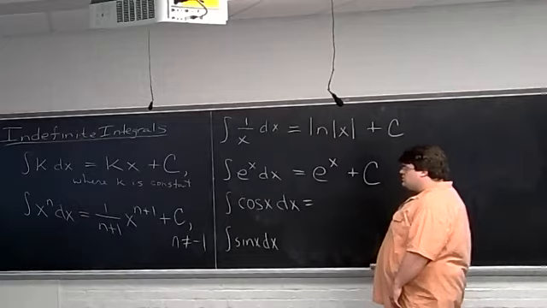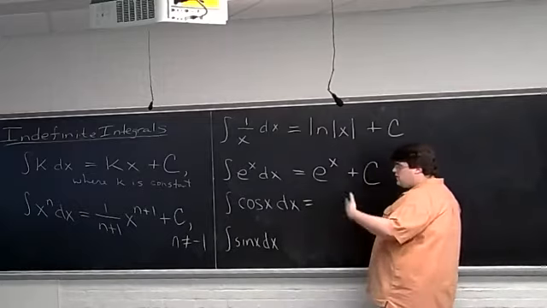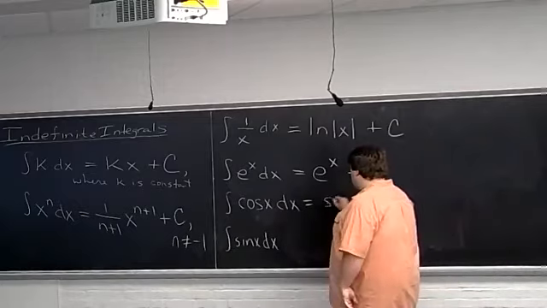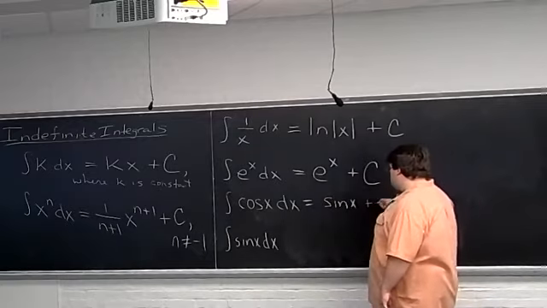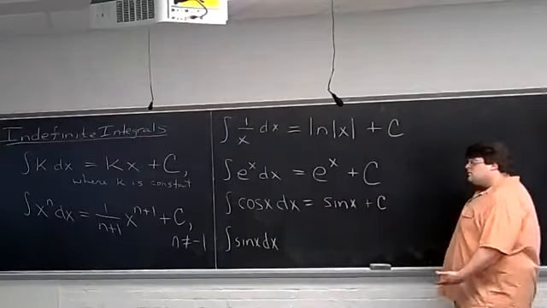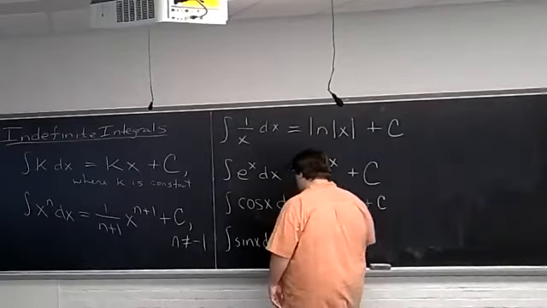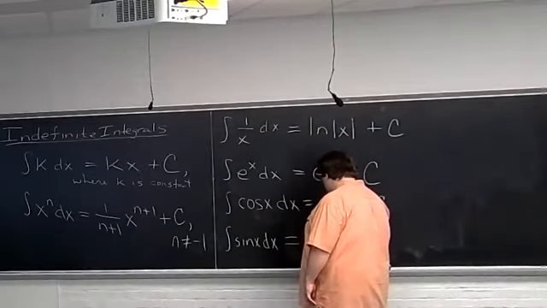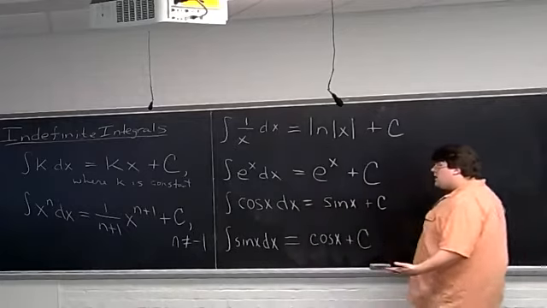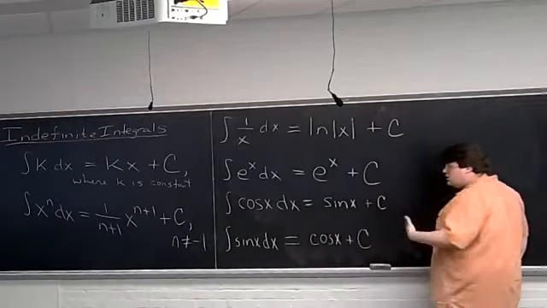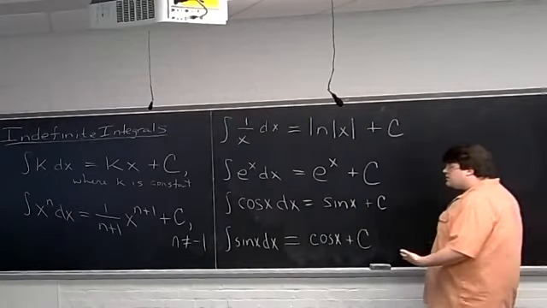First, integral of cosine. Why are we starting with that? Well, I'm going to have these parallel our derivative rules. The derivative of sine of x is cosine of x. How about the next one? Well, the derivative of cosine of x is negative sine of x.